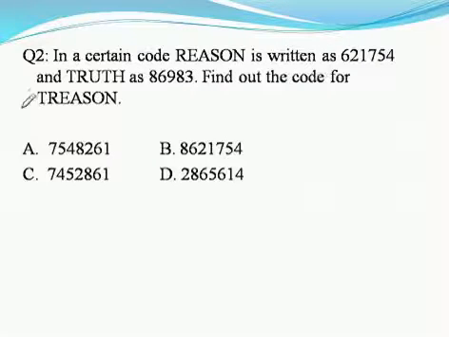So we need to find out the code for TREASON. You can directly start with T. What is T being encoded as? We will get the answer from TRUTH. T is 8 here, so T represents 8. So if we are encoding TREASON, the first letter should be 8.